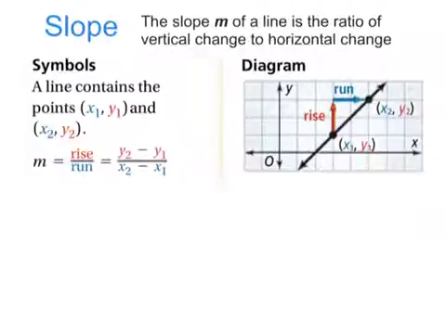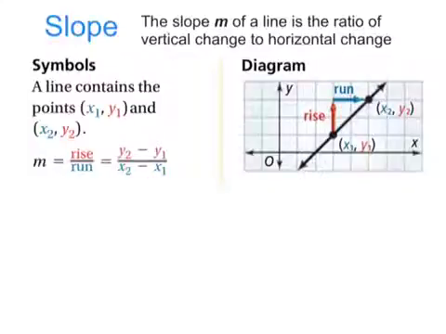The slope of a line between 2 points, and here we can say point 1 has an x coordinate and a y coordinate, so we say x1, y1, and a second point, we call it x2, y2, is going to be the change in the y values, which is your rise, divided by the change in your x values, which is your run.